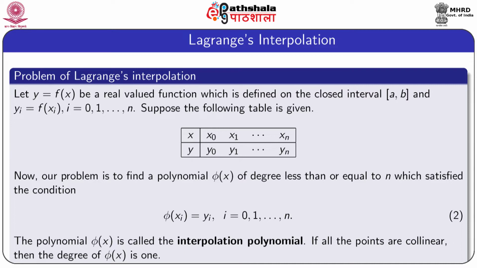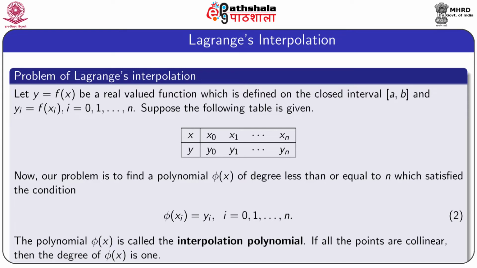Here also we assume that y equals f of x is a real valued function, but the function is not known explicitly and it is defined on the closed interval a b, and y i equals f of x i. This is true for all i equal to 0 to n, and we assume that the following table of values is available. That means, the values of x are x 0, x 1 up to x n, and the values of y are y 0, y 1 up to y n.